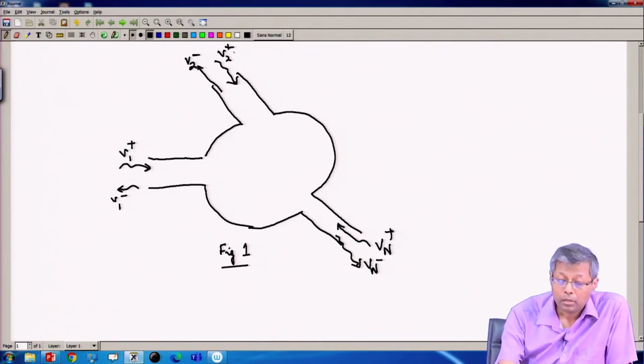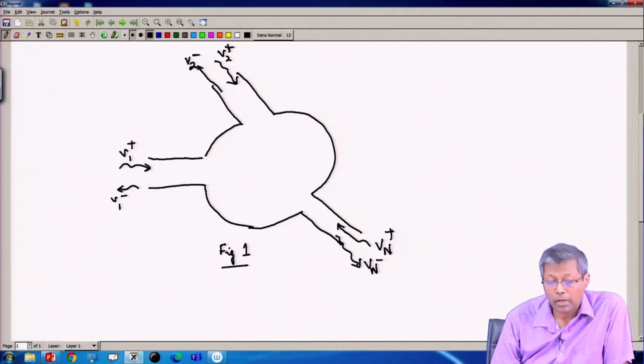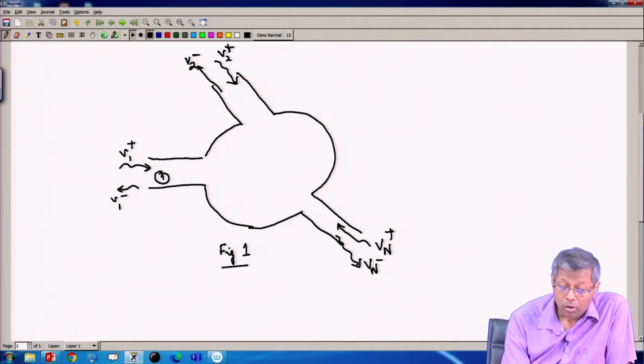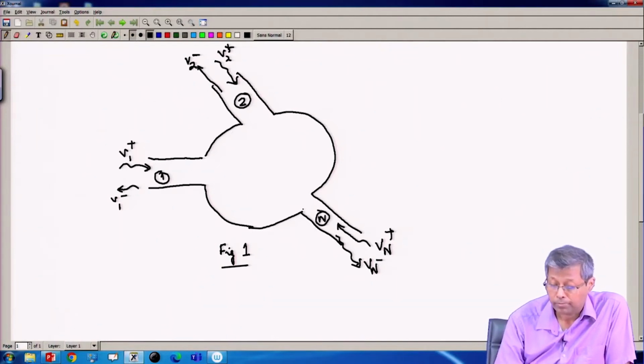So, here V1 plus, V2 plus, Vn plus are respectively the incident voltage waves on port 1, on port 2 and port N respectively.